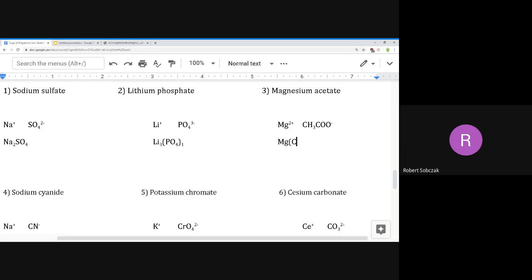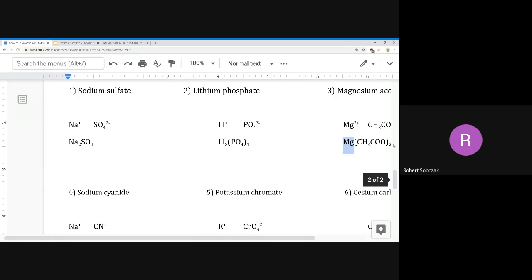But we do have to say that CH3COO, it's the 2 from magnesium. And now it's important that everything is in parentheses here. And we're left with CH3COO, all in parentheses, 2. That's telling the reader that there's 2 of this whole ion connected to 1 ion of magnesium.